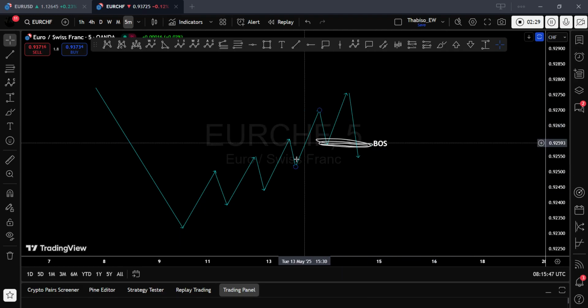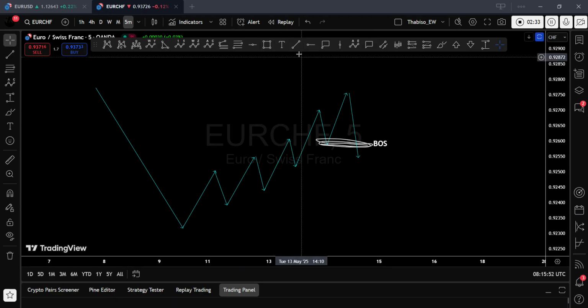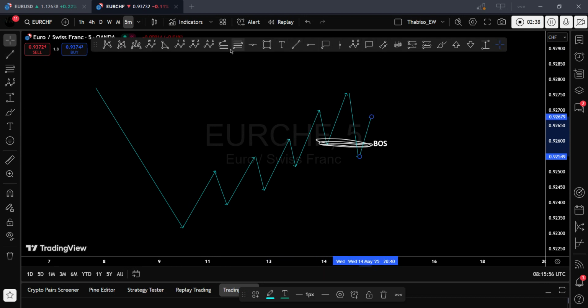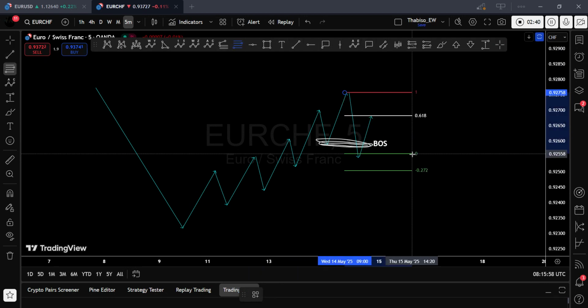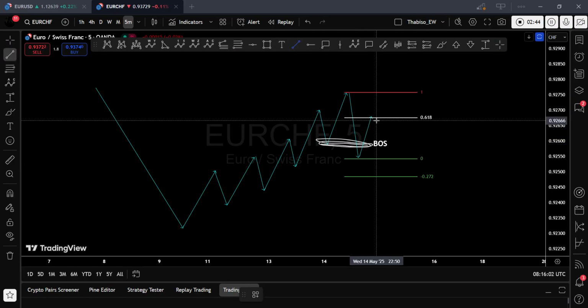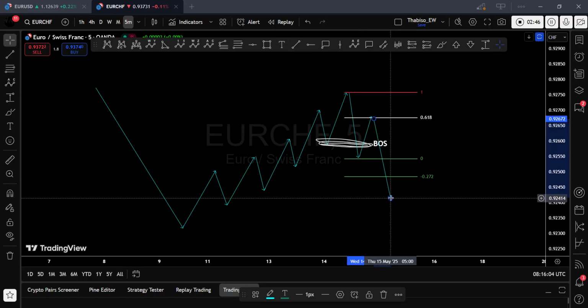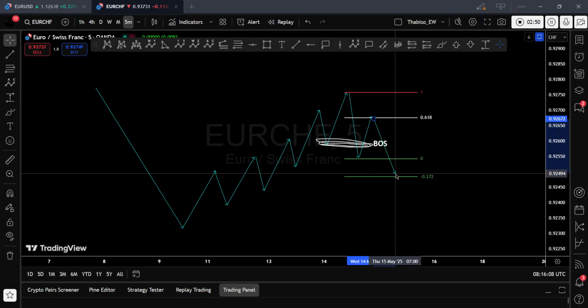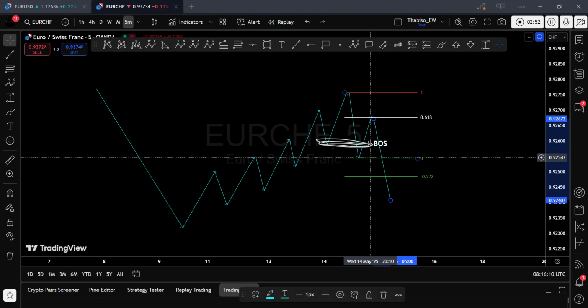Usually with the strategy that we use, after the BOS we have to wait for a pullback of around 61.8, and that's when we would normally want to trade the next leg going down, whether it's going to be a long move or just a brief move. We just want to trade from the 61.8 area.